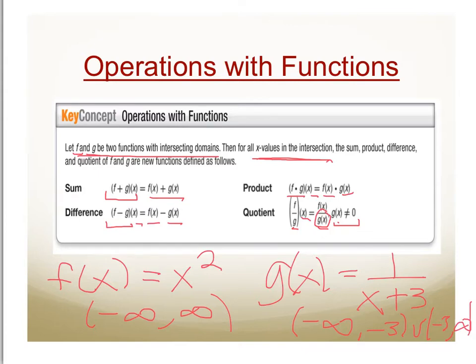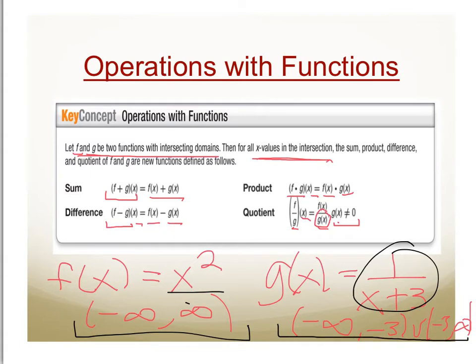When you either add these functions together or subtract them or multiply them or divide them, you're only going to be allowed to use x values that are in the intersection of these two domains.